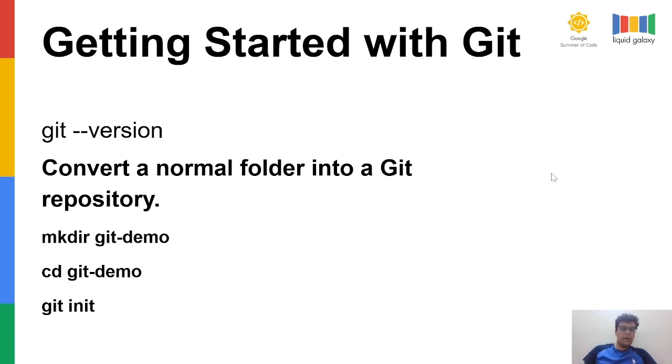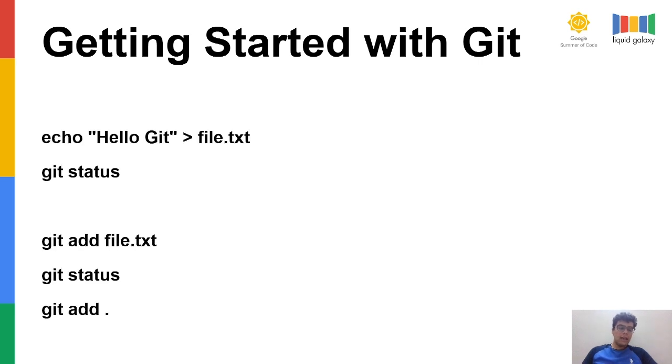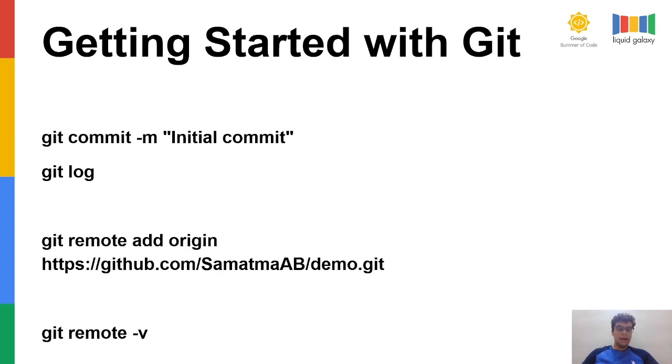So mkdir is the command for creating the directory, cd is for going to the directory, and then git init is for initializing git, and then you write hello git to the file.txt, and then git status is to check the status, and it compares the working directory with the original one, and then git add updates the staging area. So nothing is actually committed until we git commit.